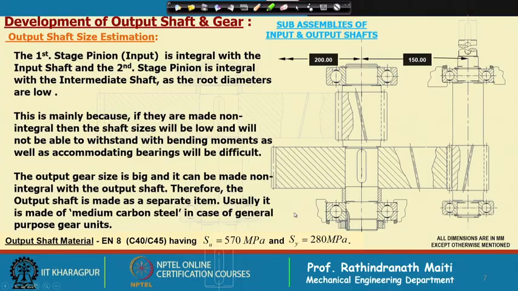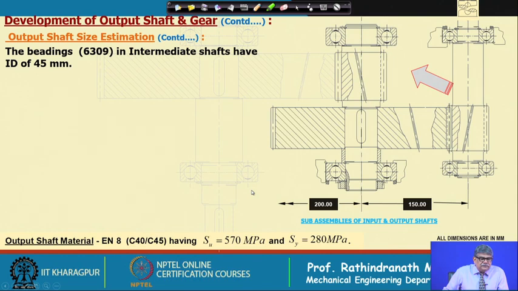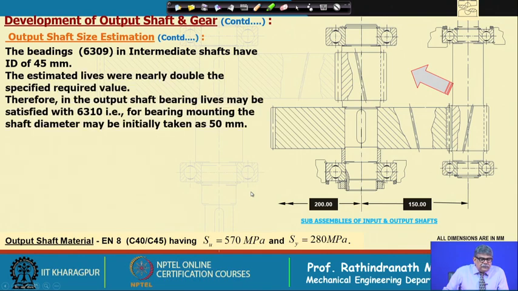With that assumption, and considering that the shaft material will be medium carbon steel, which is widely used for that purpose, say EN 8, C 40 or C 45, having ultimate strength of 570 megapascals and yield strength of 280 megapascals, we can assume the shaft diameter at the bearing will be 50 millimeter, and the bearing number is 6310.